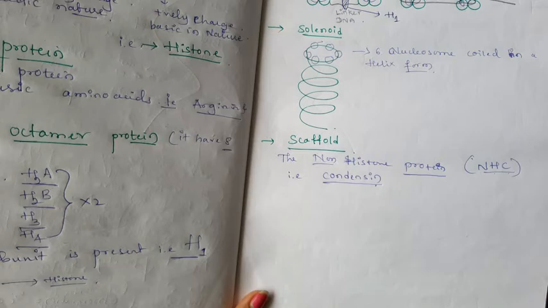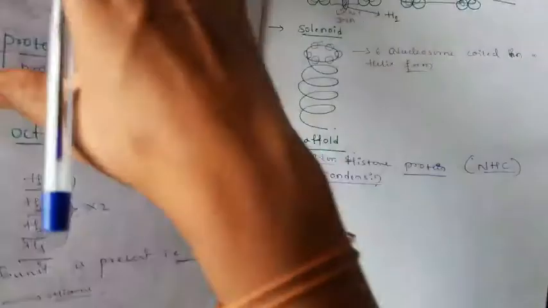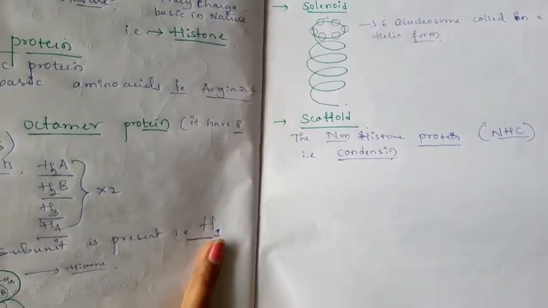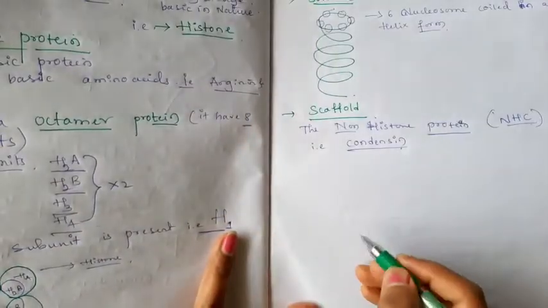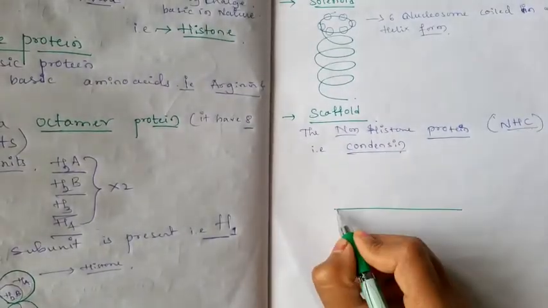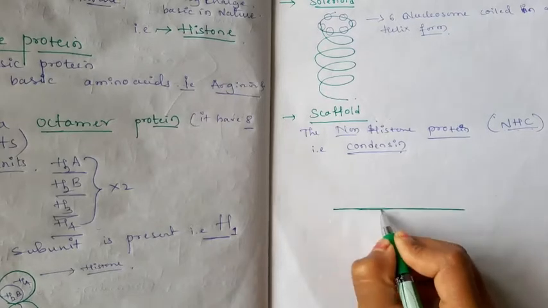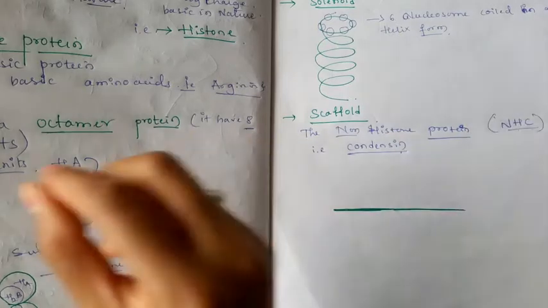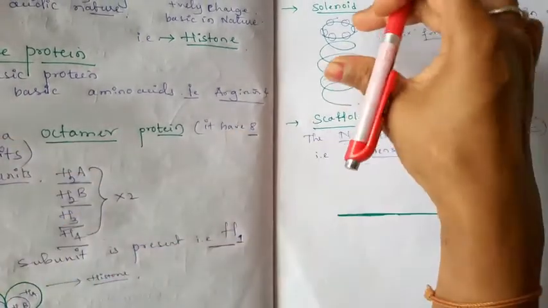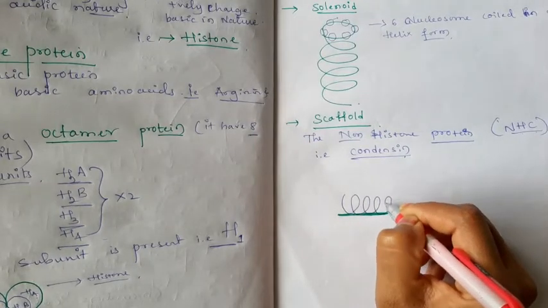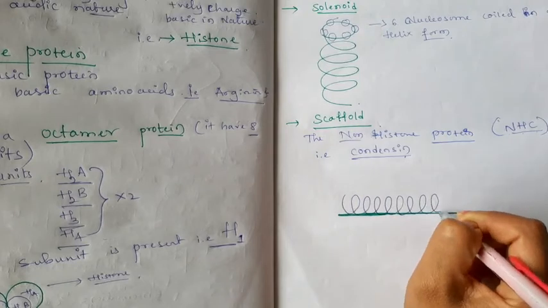The solenoid model fibers attach on the scaffold. Consider this is a condensin protein. On the surface of the condensin protein, this solenoid model of DNA attaches.